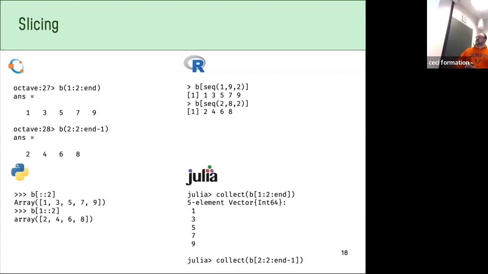So R does not have the equivalent colon, but you can use a seq command in R to create a subsequence of the sequence and then use it to get access to the indices of the subsequence. In Julia, it's the same as in Octave. And again, you need to use a collect to get the actual sequence. Otherwise, you get just an object that describes the slicing of the sequence.